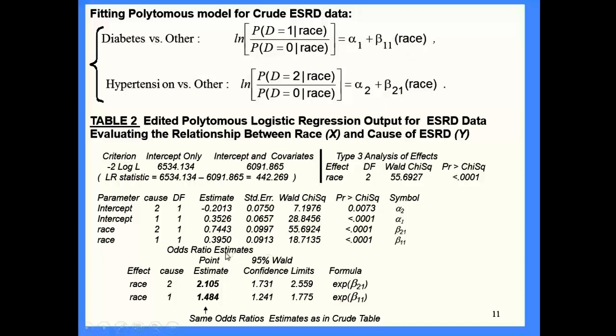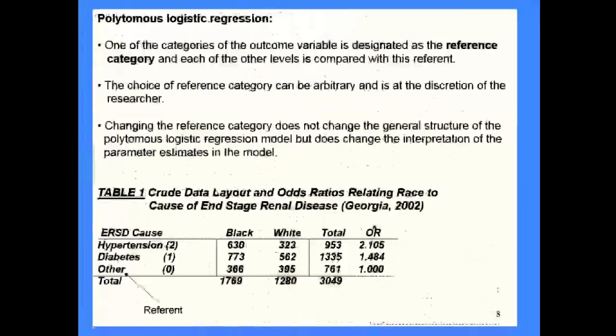Now it turns out that if you run proc logistic and you give it the right code, you'll get 2.105 and 1.484. Have you seen these numbers? These are the numbers I showed you at the get-go.